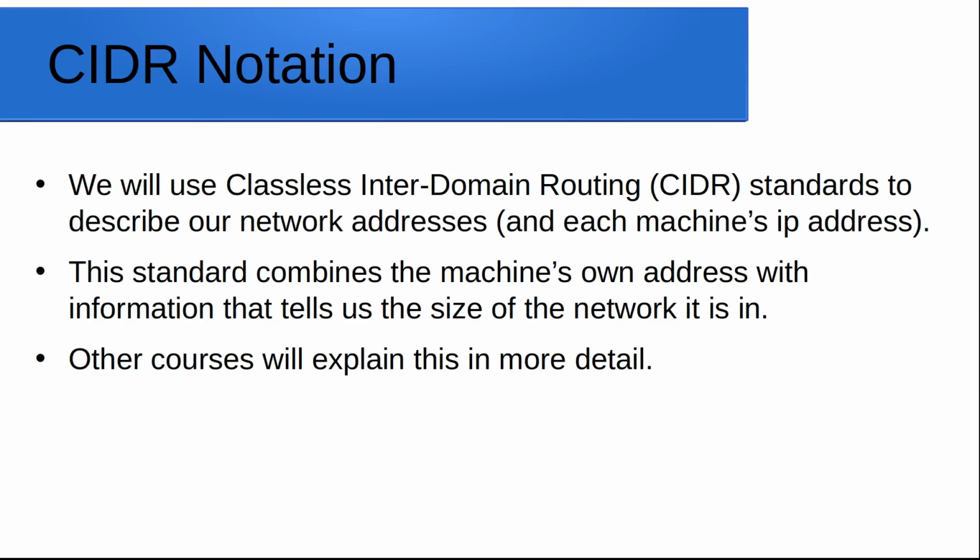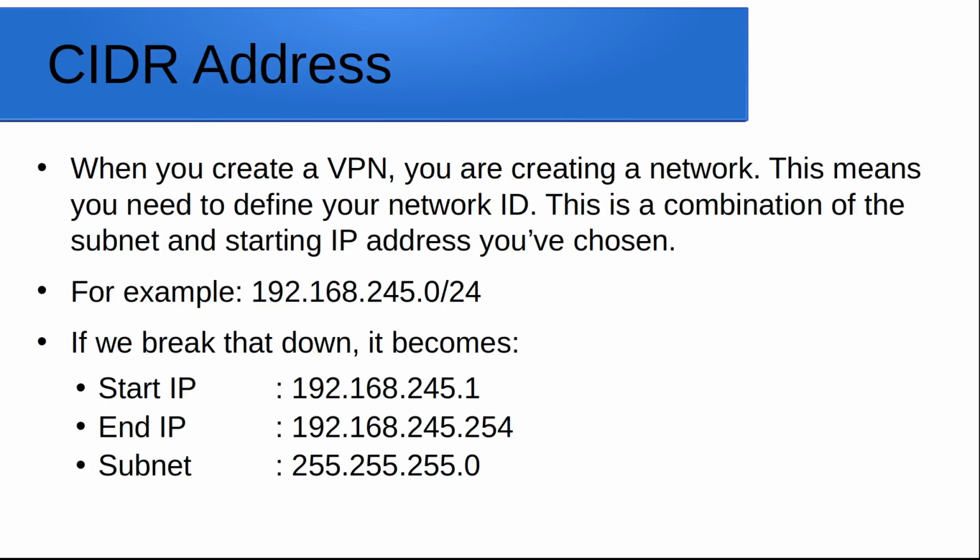Now, we're going to use the CIDR notation for our network, and that's the slash notation that you've seen. You should have talked about this in your CSN courses, right? In a lot more detail. The first thing you're going to do is define your network ID.